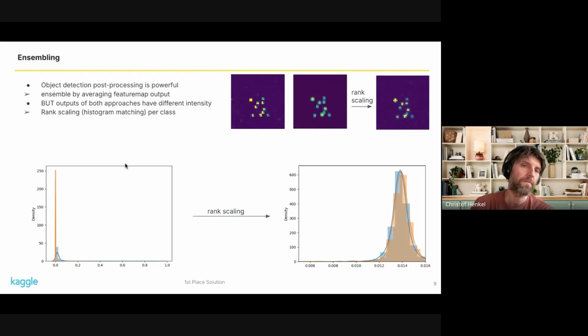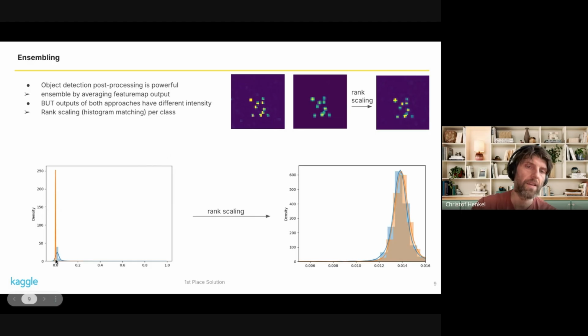One problem we encountered, which Eugene mentioned, was that since we have very different approaches, the overall scale of our predictions is quite different. There's one picture here, and let me quickly explain what this shows.